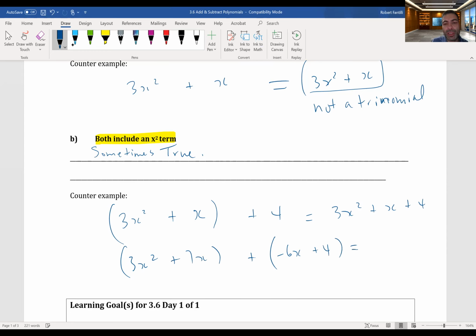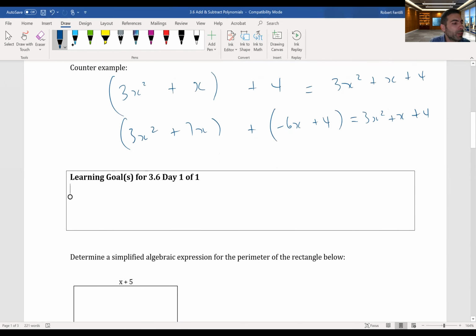And that answer will still come out to 3x squared plus x plus 4. Same answer. That's what we want, right? I have an x term in both, but I only have an x squared term in one of them. Do I have to? No. So I'm showing that both do not have to have an x squared term. It's sometimes true. And I'm proving that they both don't have to by showing you where only one has.